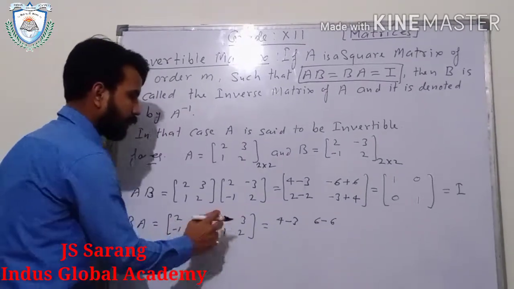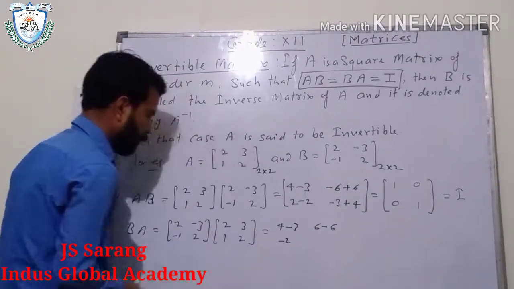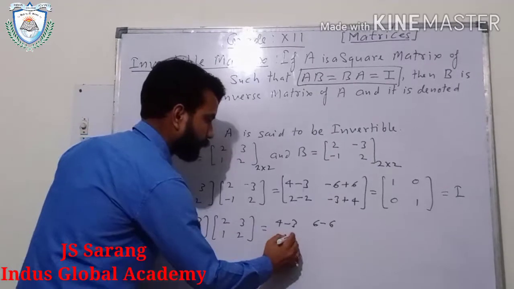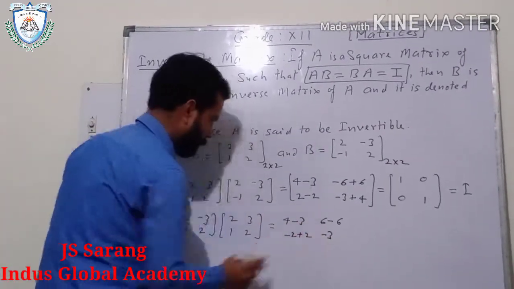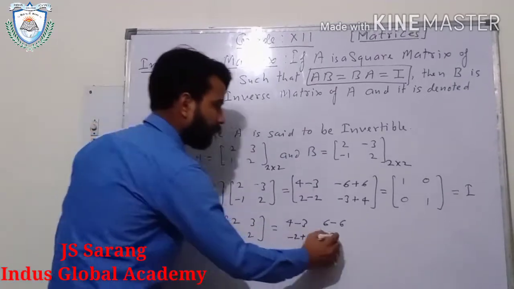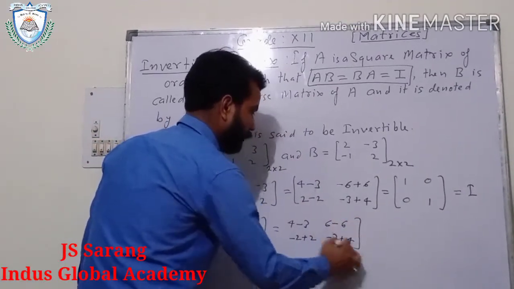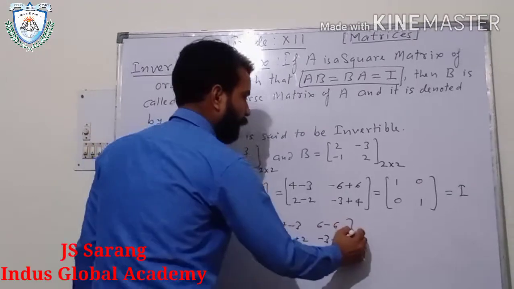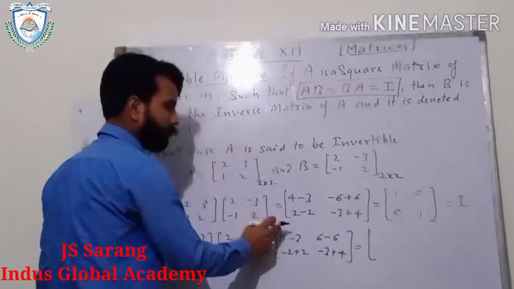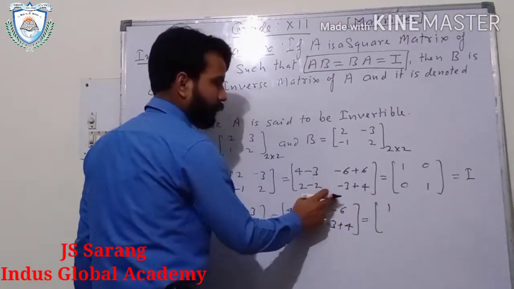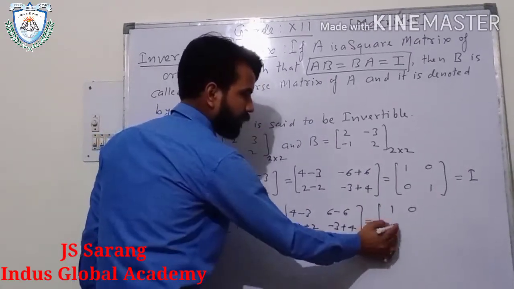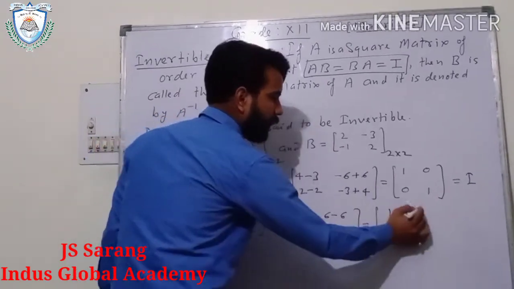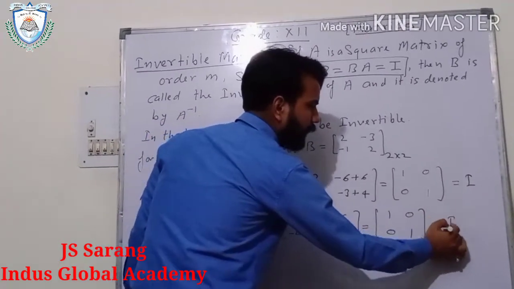Now minus 1 into 2, minus 2, plus 2 into 1 is 2. Now minus 1 into 3, that is minus 3, plus 2 into 2 is 4. If we simplify it, what will we get? 4 minus 3, 1, 6 minus 6, 0, minus 2 plus 2, 0, 4 minus 3, 1. Again, we are getting I.